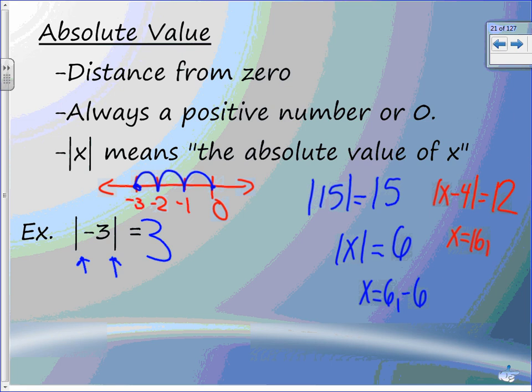What's negative 8 minus 4? Negative 12. So that works. 16 works because 16 minus 4 is 12, and the absolute value of 12 is 12. Negative 8 minus 4 is negative 12, and the absolute value of negative 12 is 12.